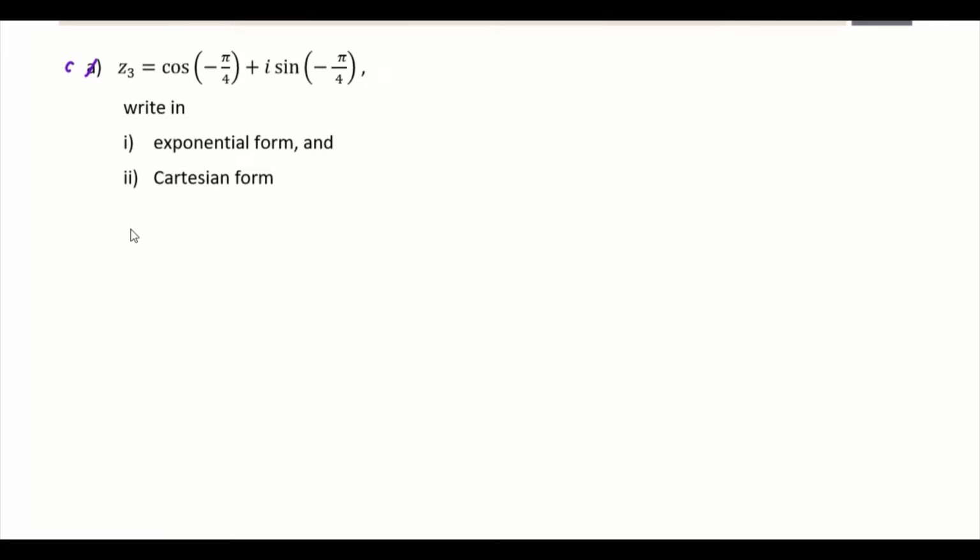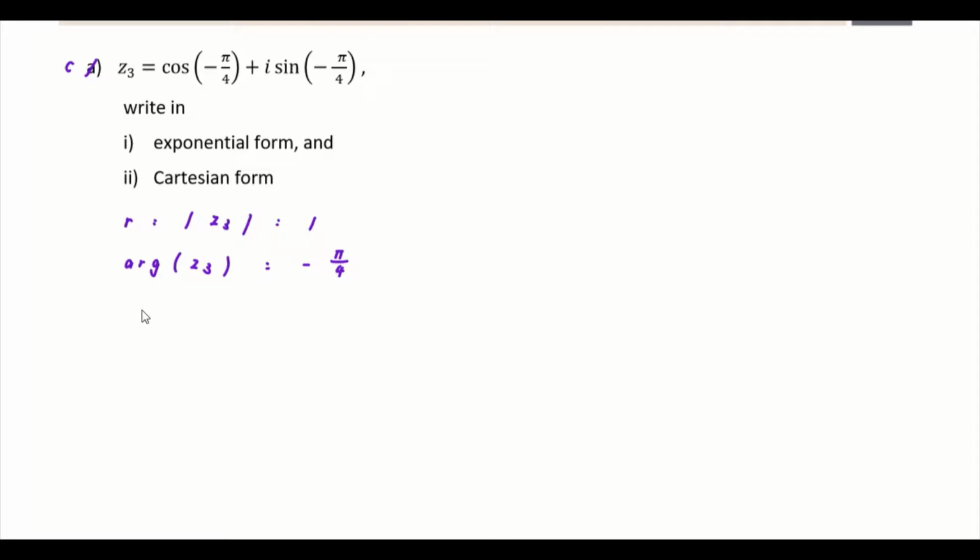For the first one, it's going to be easy because by looking at this, we should be able to realize that our r, or the modulus for z3, is basically 1, because you do not have any number before that. So the r is 1. Then the angle, which means the argument for z3, is equal to negative pi over 4.